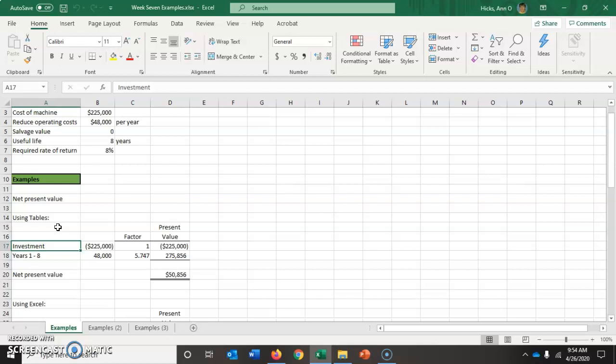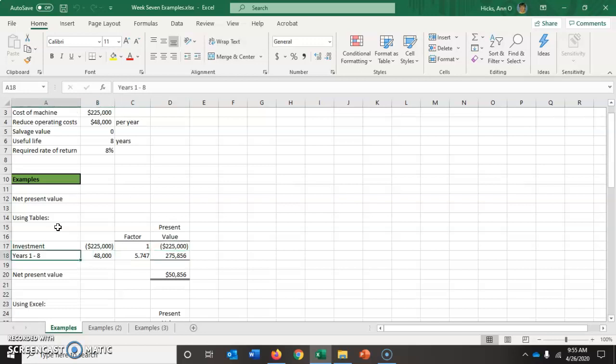So first off, using the tables, our investment of $225,000 is an outflow. It happens today, so that initial investment does not need to be discounted. The factor is effectively 1. So our present value and our cash flow stream is the same.